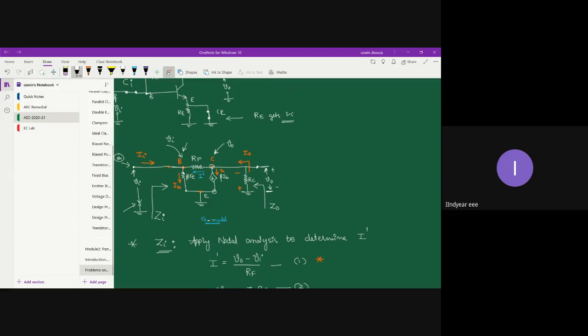On the input side, you apply KCL at base node. That will help you in finding out Ib. So at base node, two currents are entering: Ii is entering and I dash is entering, and the outflow current is going to be base current Ib.